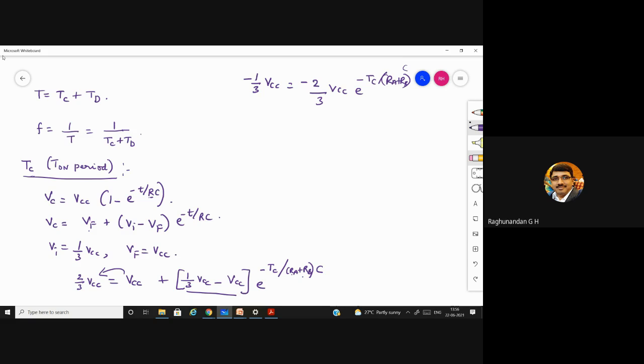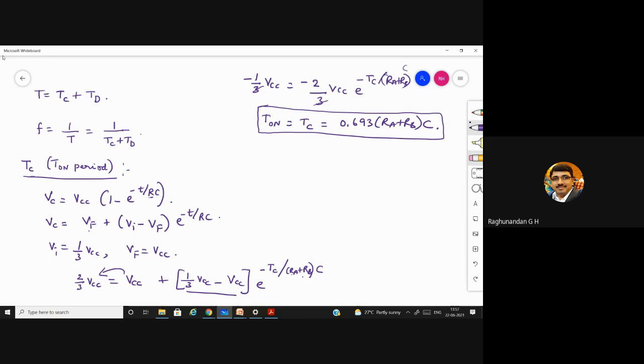Again, we cancel whatever we can cancel, and finally on applying the log on both sides, we get T on, that is the charging time, equal to 0.693 into (Ra plus Rb) into C. This is the formula to find the charging time, or the on time, of the multivibrator.